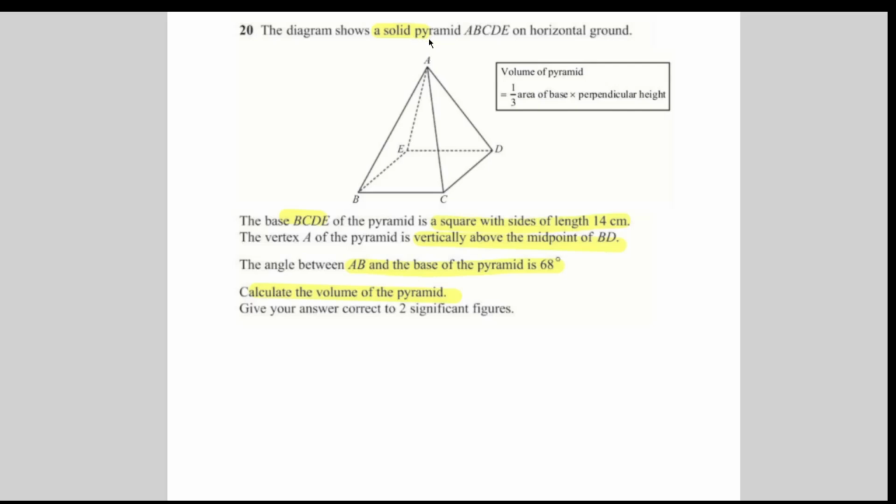Right. So here the base BCDE of the pyramid is a square. We know that all four sides are equal. Then we've been given that this side is 14 centimeters. Then this side is also 14 centimeters. What else?